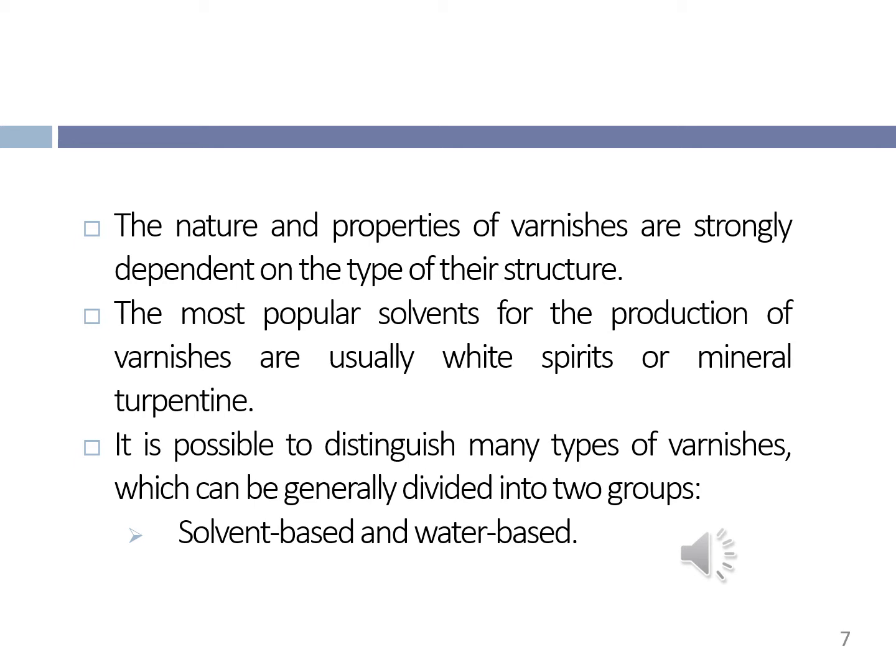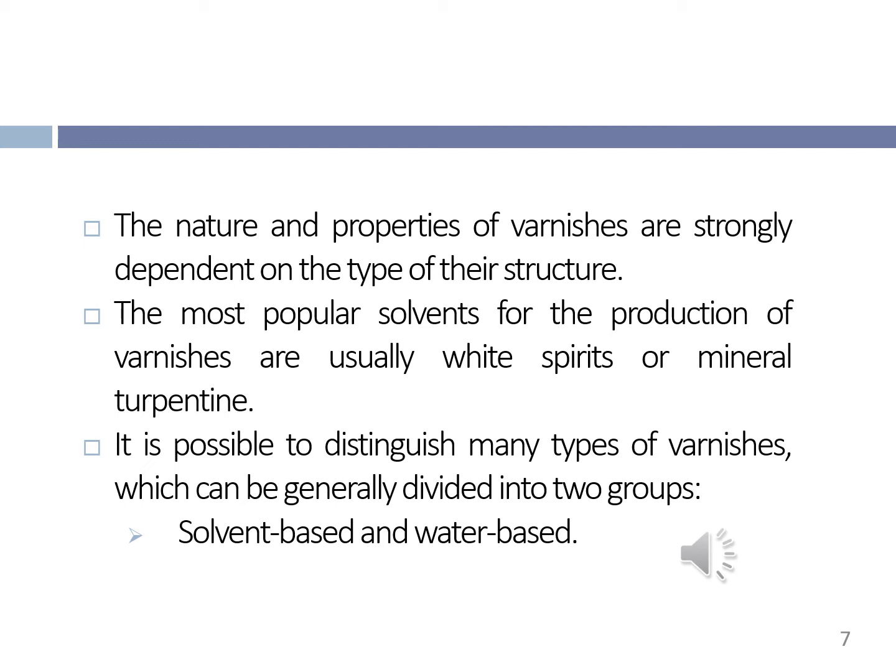The most popular solvents for the production of varnishes are generally white spirits or mineral terpenates. So, which are the solvents which are widely used in the production of varnishes?